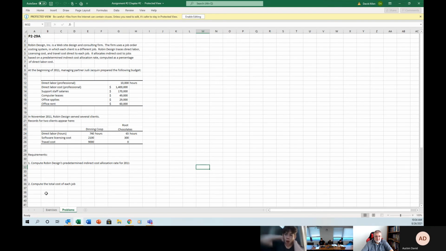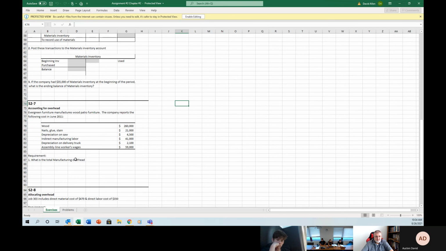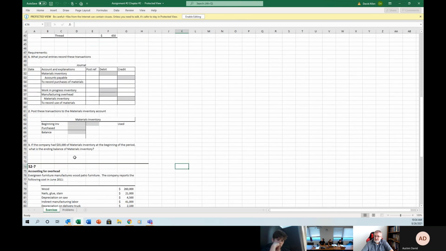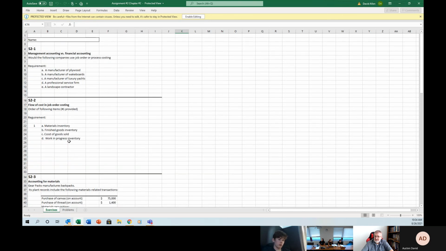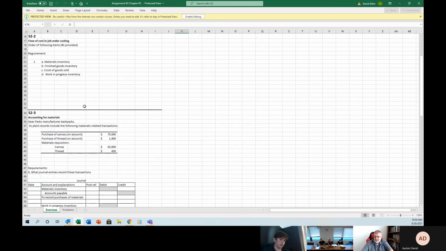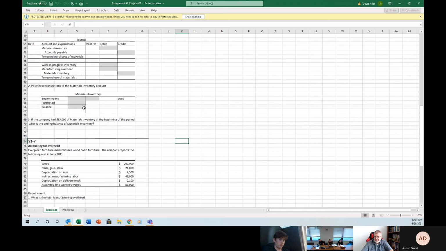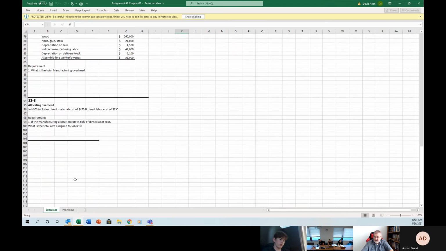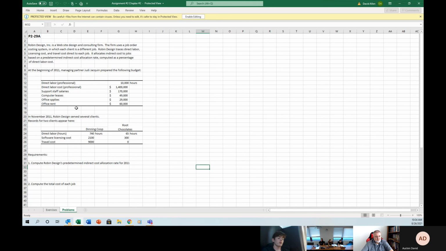Okay, now look up on the screen and see at the bottom of the spreadsheet, you've got a problem and you've got exercises. So this one, there's enough exercises that I have an exercise tab at the bottom. So you're going to do the shorter, small exercises. And then you got to click on the problem to get to the bigger problem.